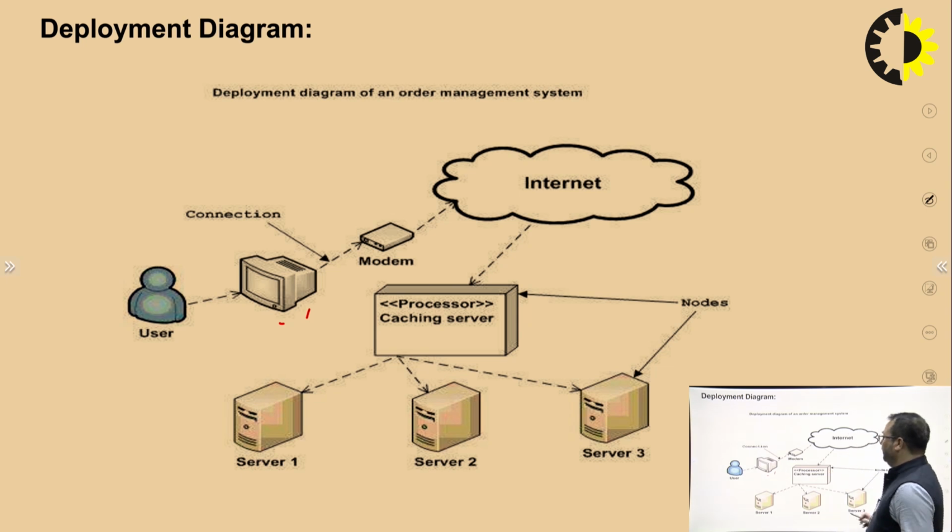These are all different nodes. How you are going to exhibit the different nodes comes under the deployment diagram. For example, for the order management system, we would have different nodes like so many servers, modem, system, user, internet, and all that.